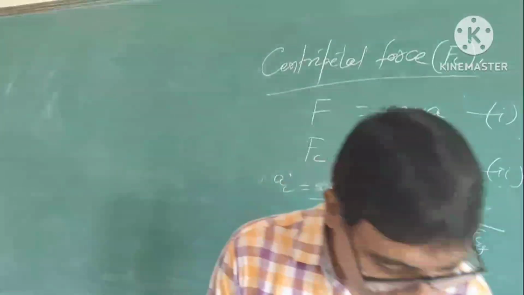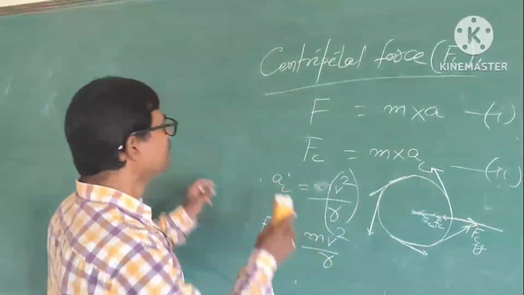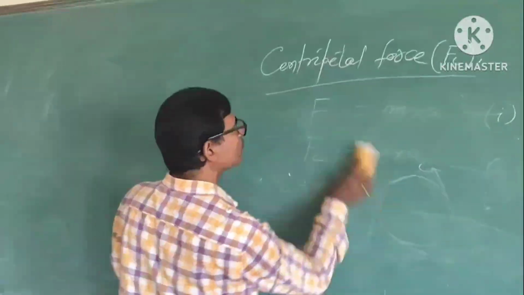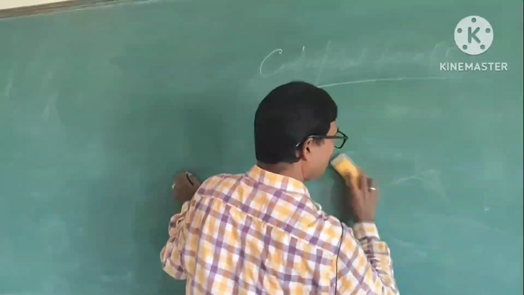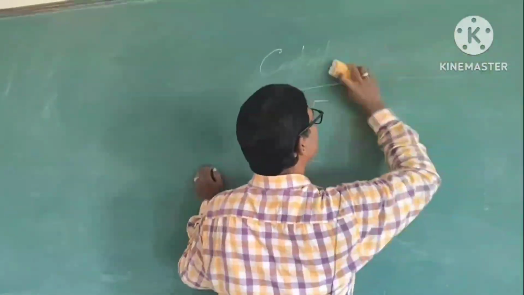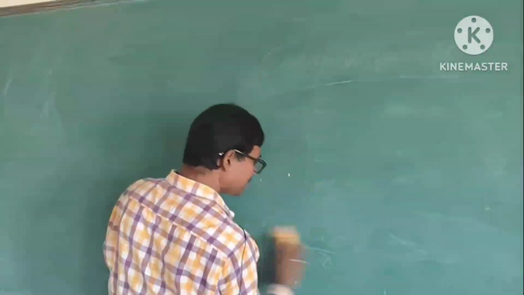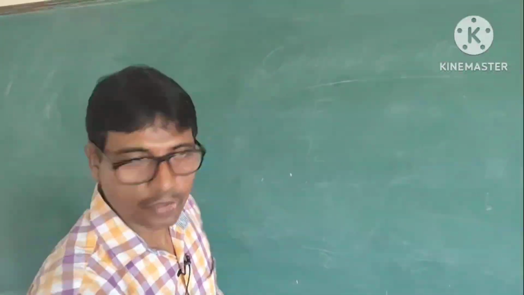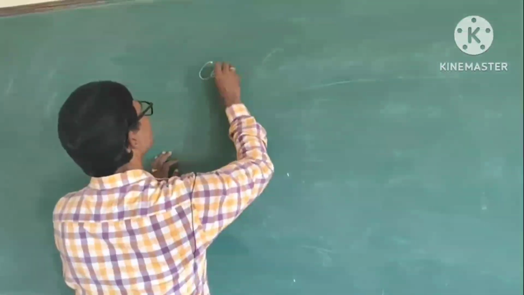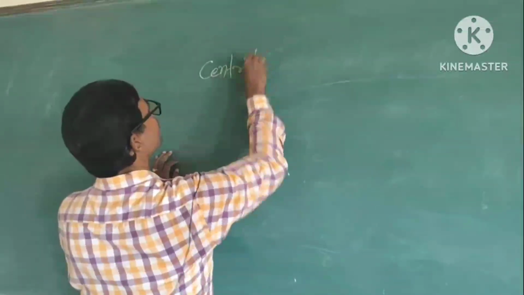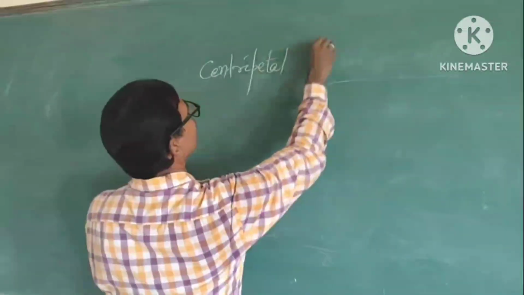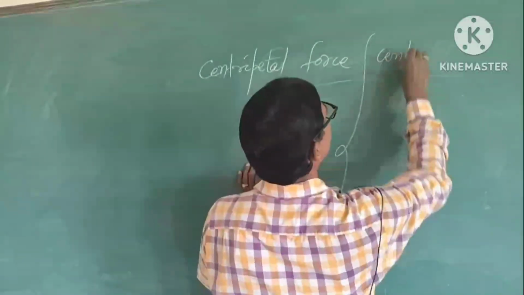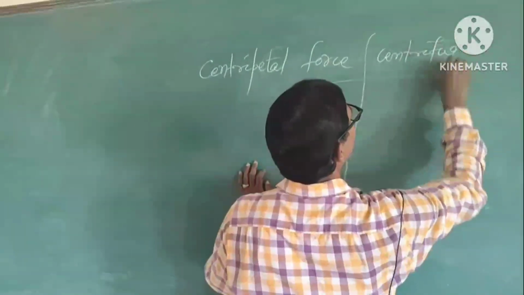So let us discuss one by one what are the differences between the centripetal force and centrifugal force. You must know the centripetal force and centrifugal force. What we discussed, you collect those important points as per the question. One is centripetal force, another is centrifugal force.